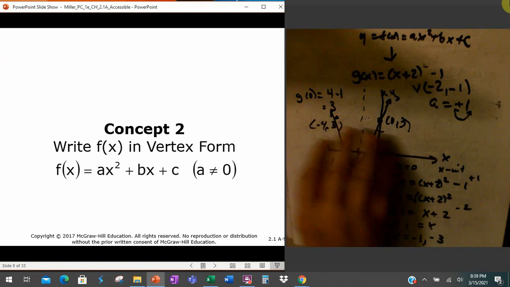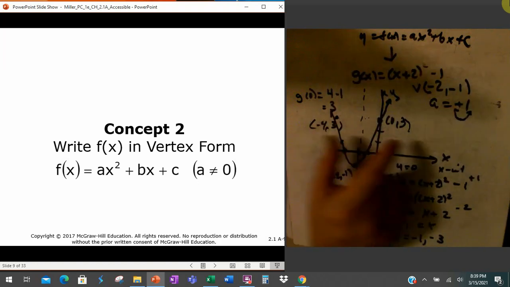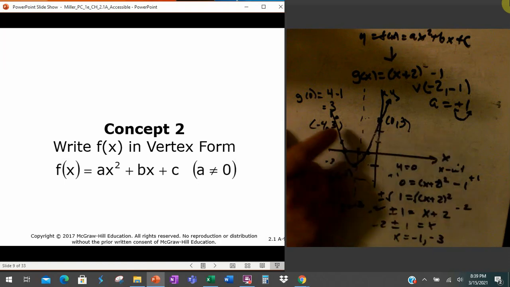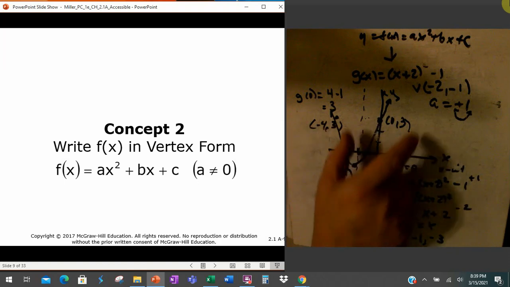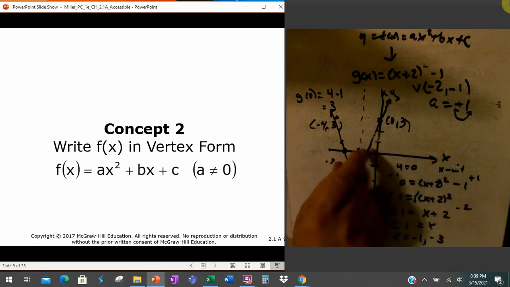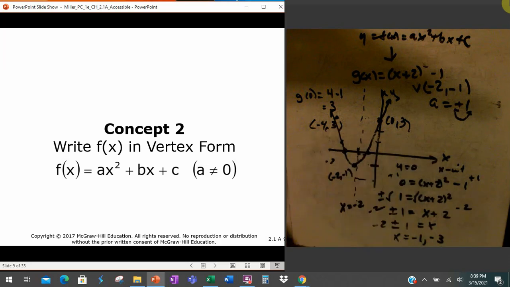I'd have to start picking some x's and graphing out this thing and hope that I would get a good picture, not just a piece of it. Depending on how far I went over, I may not even get the vertex in. But I would like to convert this into that form.